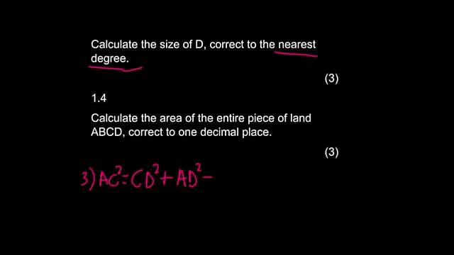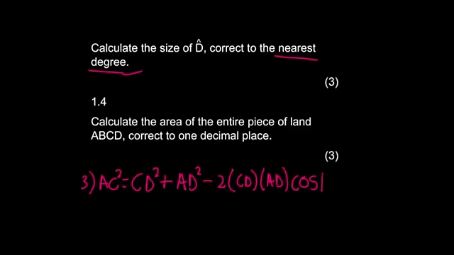Again, minus 2 multiplied by these two sides, so it's CD times AD, multiplied by the cosine of the angle which we are looking for, which happens to be D. Let's call it D.